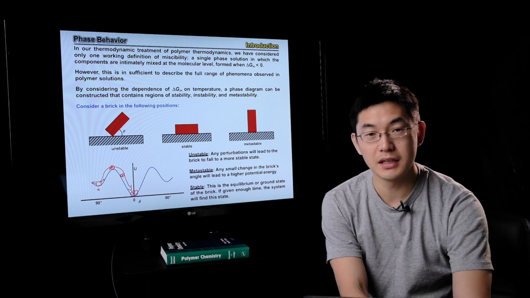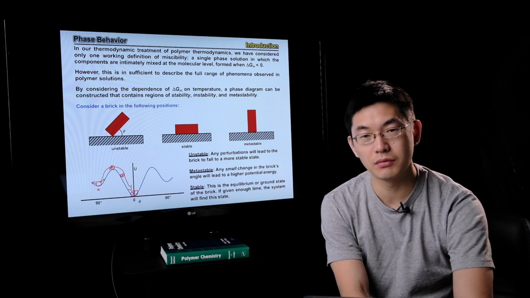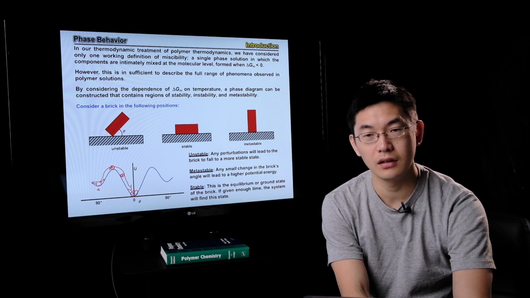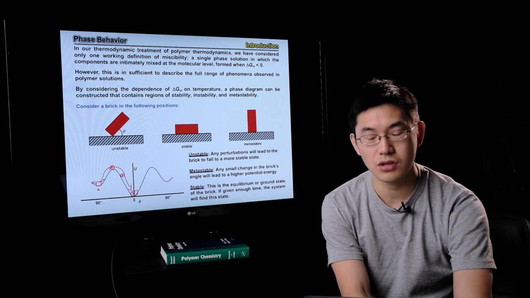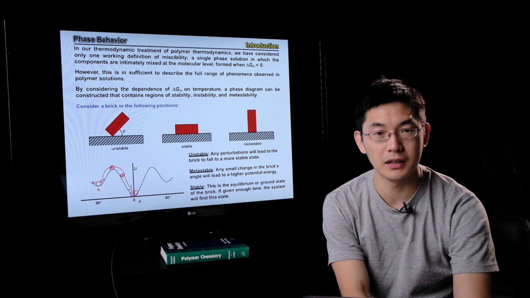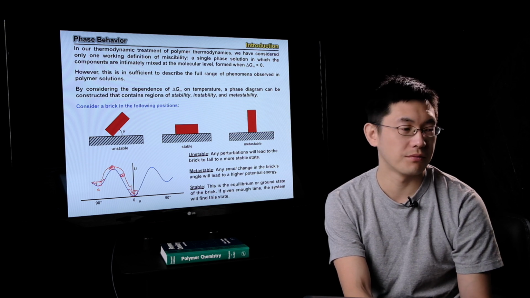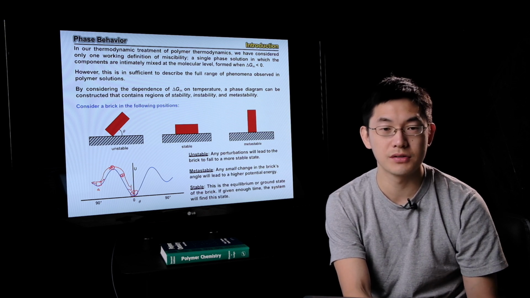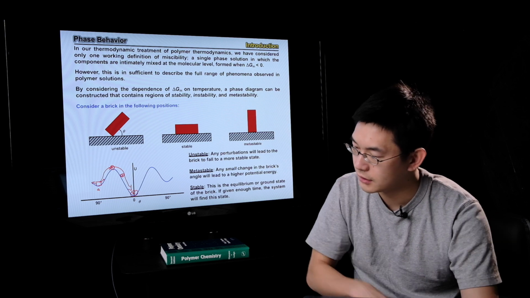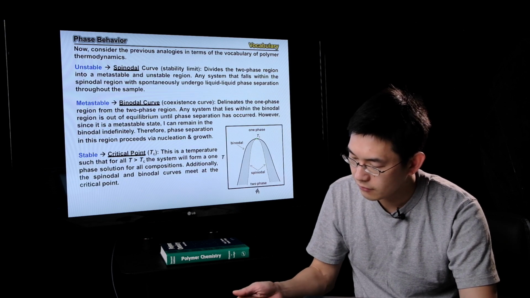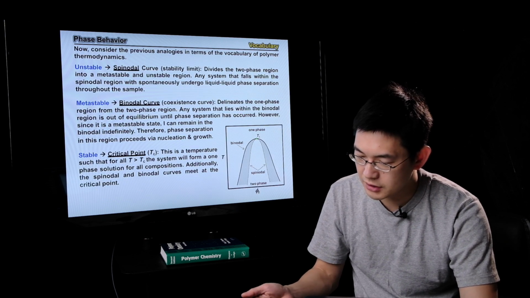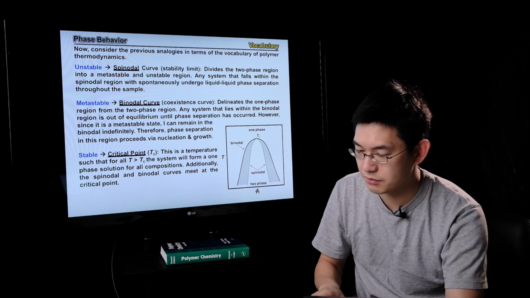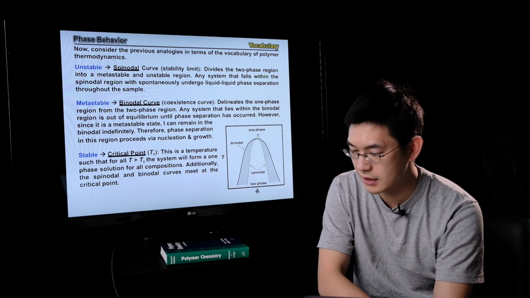If the polymer is in the metastable state, it will be able to stay there longer. If it's in the unstable state, then it will phase separate into two different polymer and solvent concentrations. Okay? And as I mentioned, those are the phase behavior we will talk about in today's lecture.